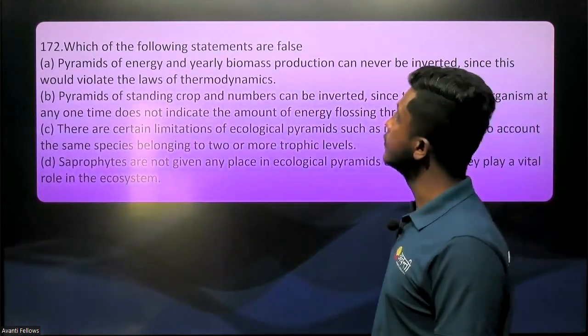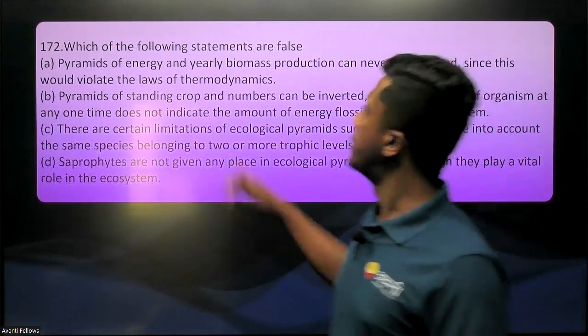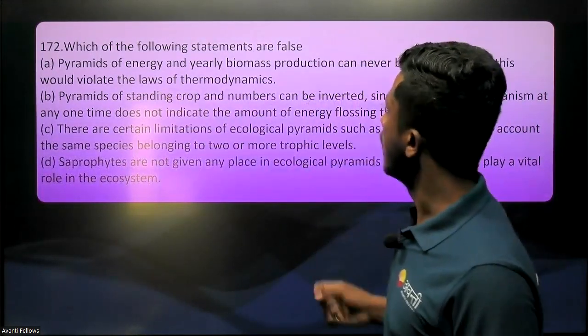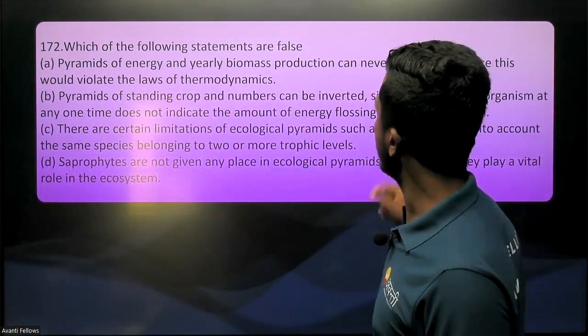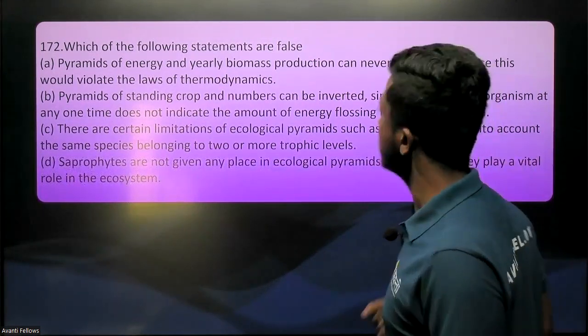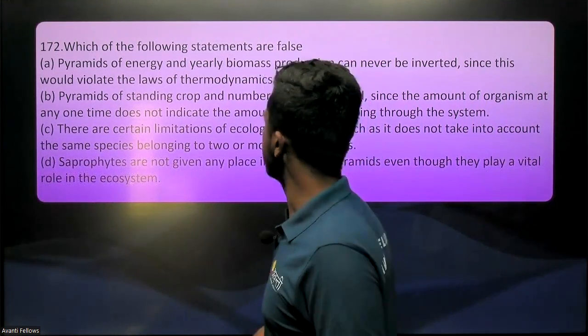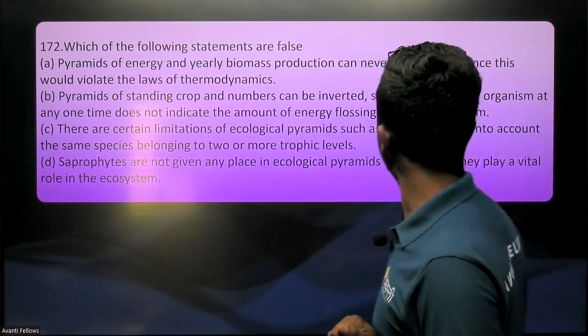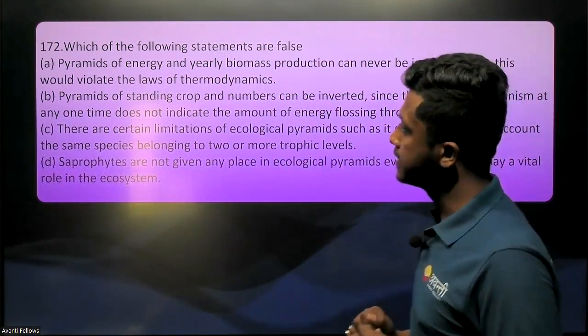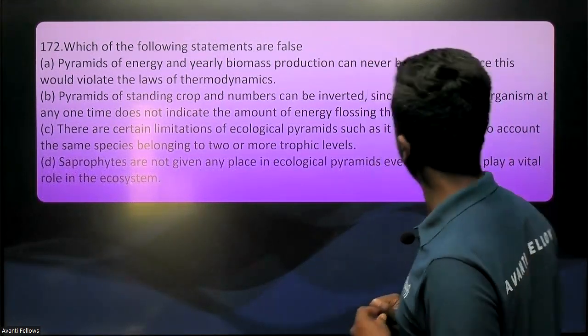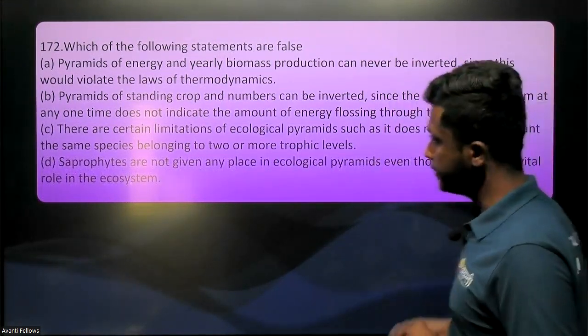Long statement. Which of the following statements are false? Pyramids of energy and yearly biomass production can never be inverted since it would violate the laws of thermodynamics. The pyramids of standing crops and numbers can be inverted since the amount of organism at any one time does not indicate the amount of energy flowing through the system.